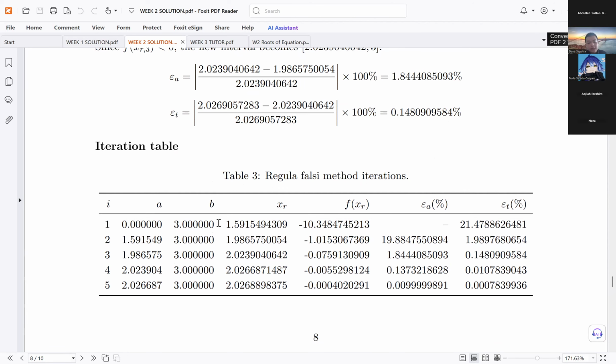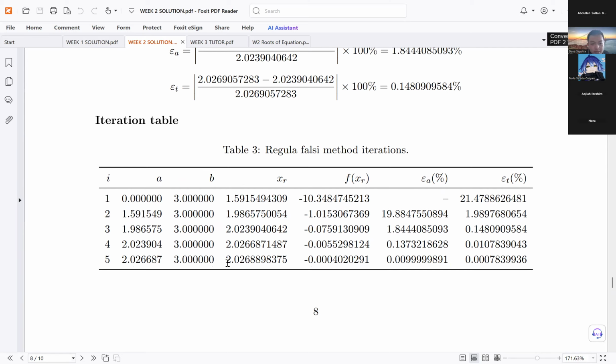For this regula falsi method, it's only 5 iterations, because the truth value is basically 2.02, and this is already close to the truth value. So in 5 iterations, we already get the minimum error.